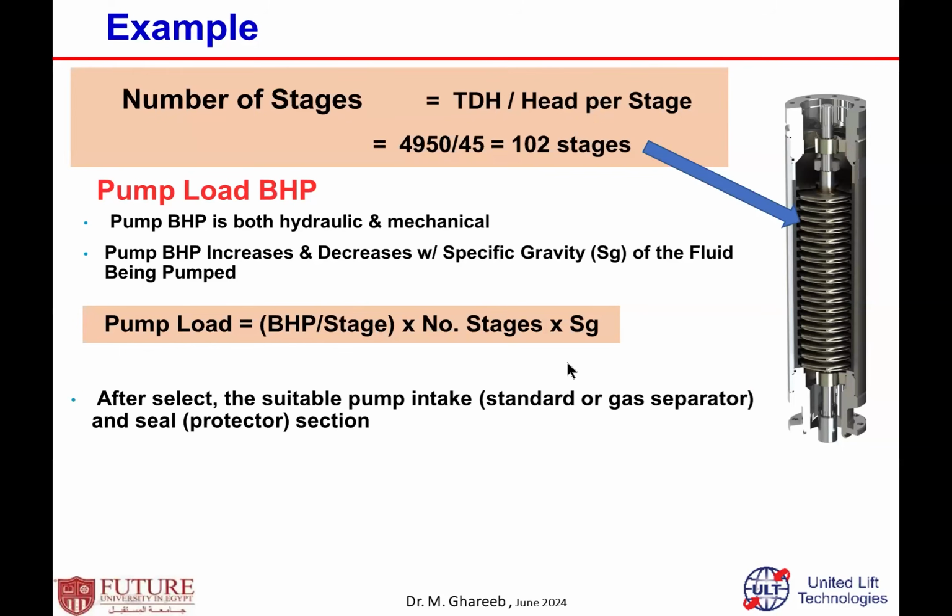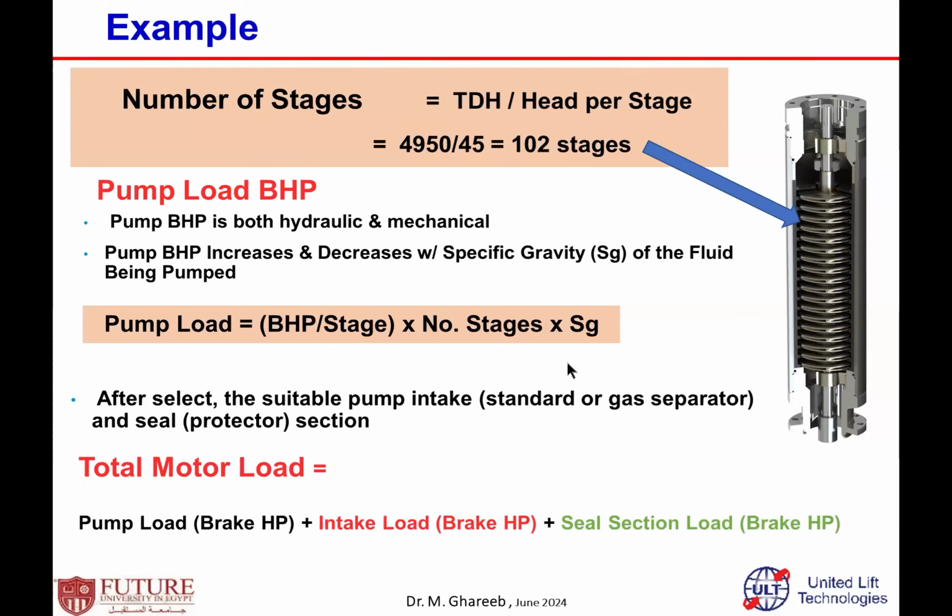After selecting the suitable pump, intake or separator, seal and so on, I have to find out the horsepower required for each of these bottom hole assembly parts, and add it to the pump load calculated from the brake horsepower.